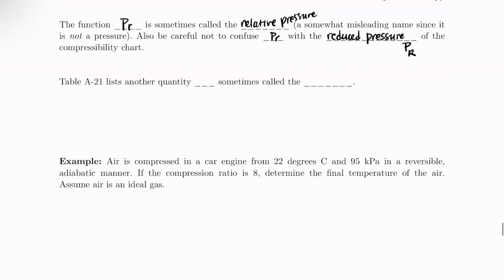Table A21 lists another quantity, VR, sometimes called the relative volume. Again, just like relative pressure, it's not actually a volume, so it's similarly defined. VR at T is equal to RT divided by PR at T. We're going to use this for isentropic processes using the following relationship.